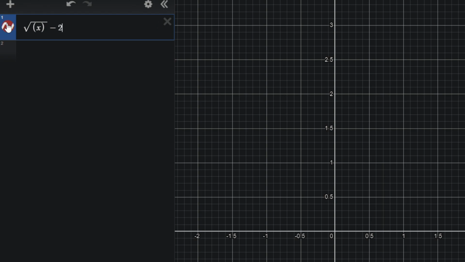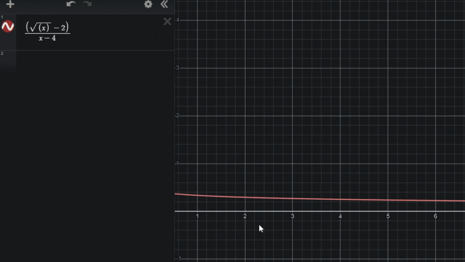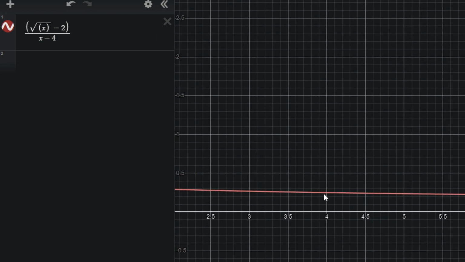Okay. So let's use the graph to confirm those suspicions or deny them, maybe. We'll plot the square root of x minus 2, put that in parentheses, divided by x minus 4. I encourage you to use this calculator or a different calculator of your choice, because it's just good to look at these problems, even when we start to do them algebraically and you might not need it.